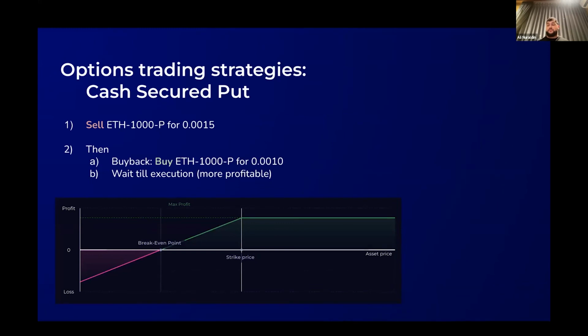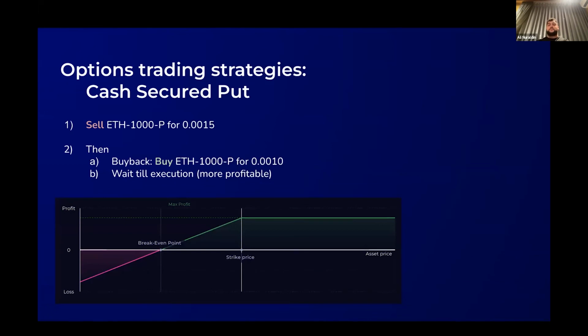And same as the previous strategy, options tend to get cheaper, so you can either buy back the sold put options at a cheaper price at some point in the future, or you can just wait until the execution and keep the premium.